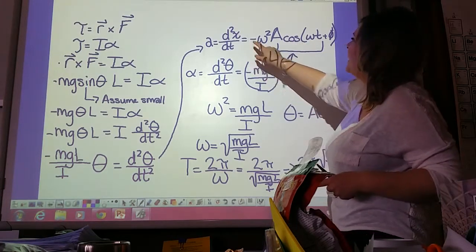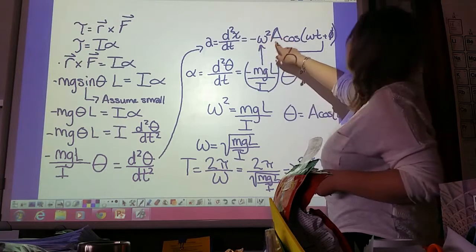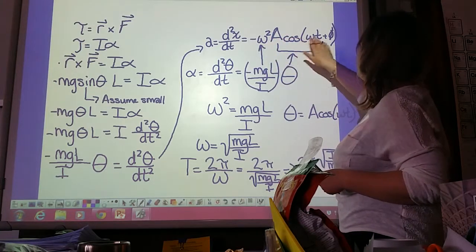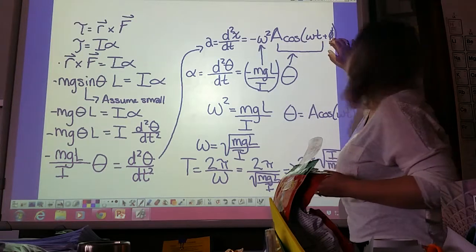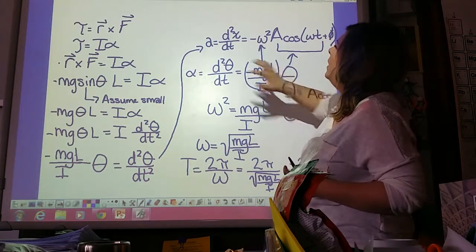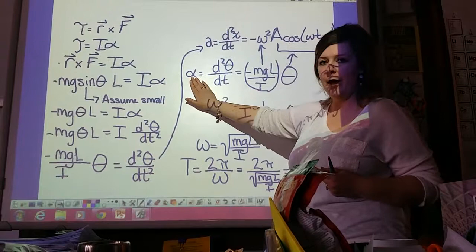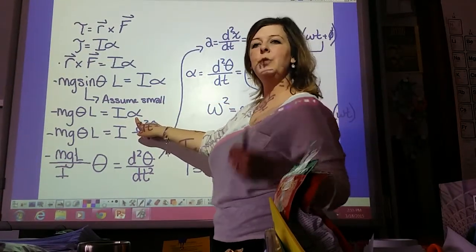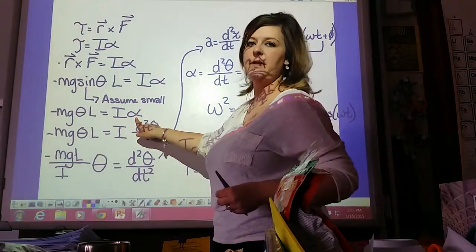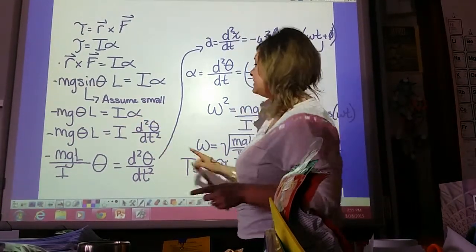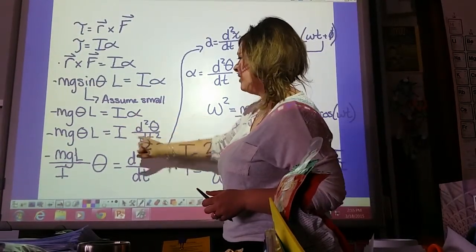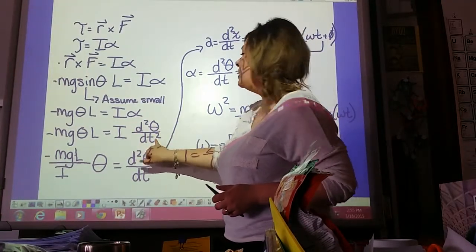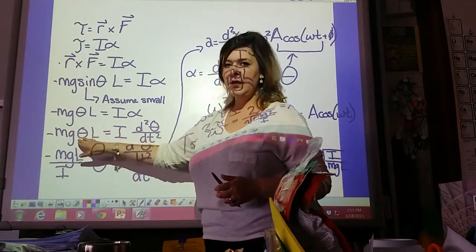So we got a negative omega squared times the amplitude, and then the cosine of omega t plus phi. If I have alpha, alpha is really the same thing as the second derivative of angular displacement. So because of that, I want to think about alpha as being the second derivative of theta with respect to time. So still the same thing over here.